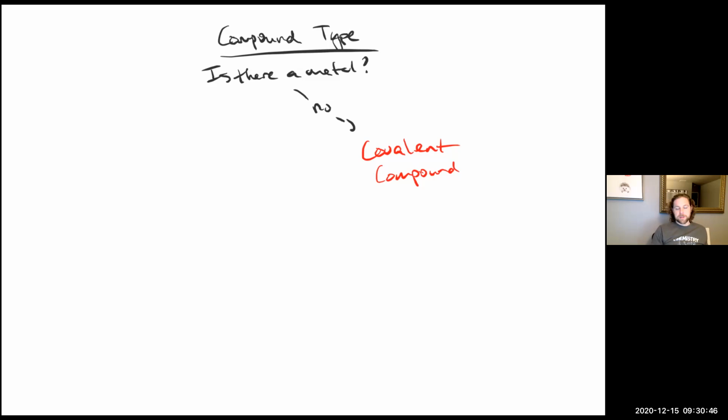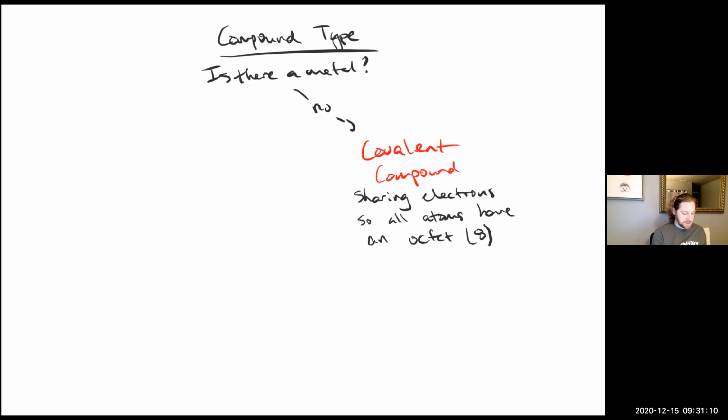And the goal is to achieve an octet. So covalent compounds are sharing electrons. So all atoms have an octet, which is 8.